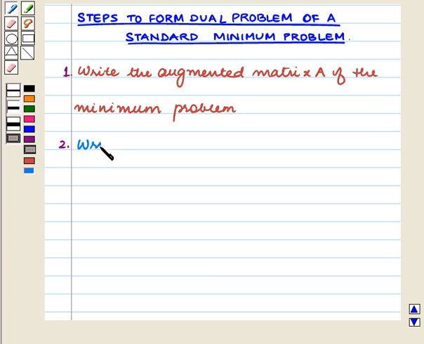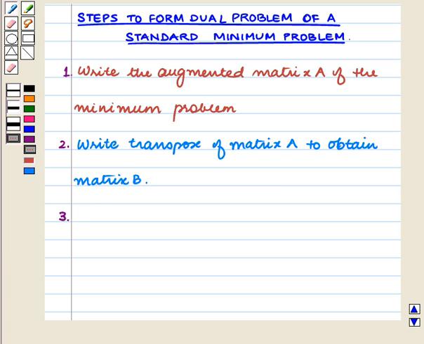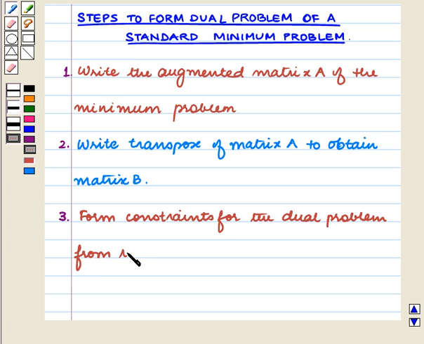Second, write the transpose of matrix A to obtain matrix B. Third, form constraints for the dual problem from rows of matrix B, using less than or equal to symbol and the new variables.